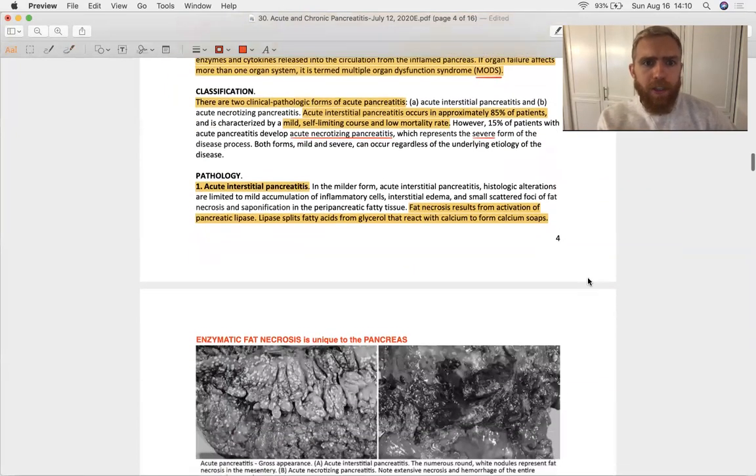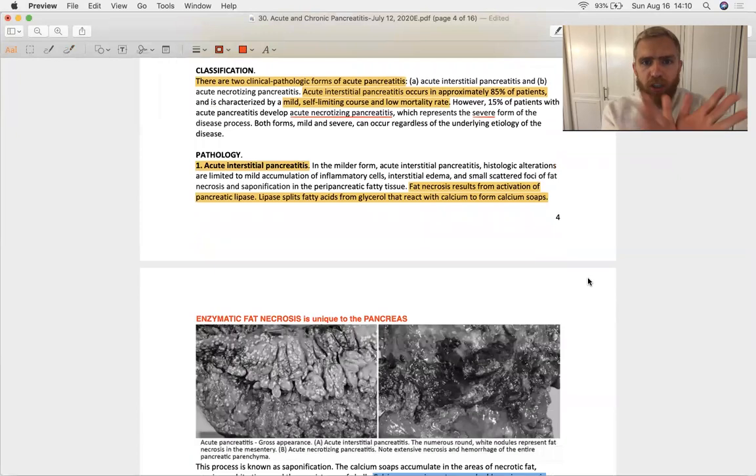So at the bottom of page 4 is where we begin to branch acute pancreatitis into two separate pathways. You've got acute interstitial pancreatitis, which is involving a lot of interductular fibrosis, but not necessarily a ton of cell damage. And then you've got acute necrotizing pancreatitis, which is severe and which can lead to pancreatic failure and a lot of bad complications.